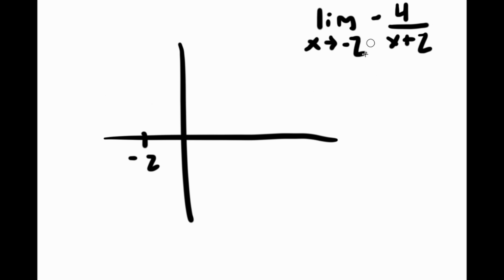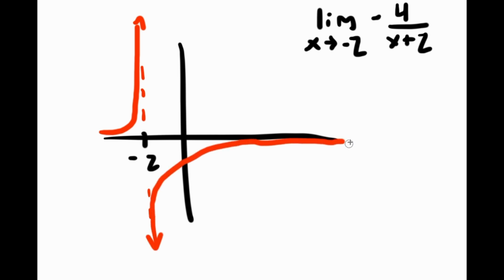So because they're not the same, we're going to see a very similar situation happen right here. The left-hand side of the limit is going to look like this, because it is asymptotic. And we're going to outline this like that. And our right side limit is going to be negative infinity, but it's basically going to come from here.